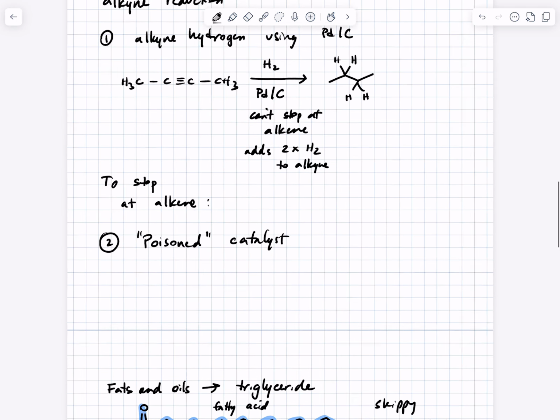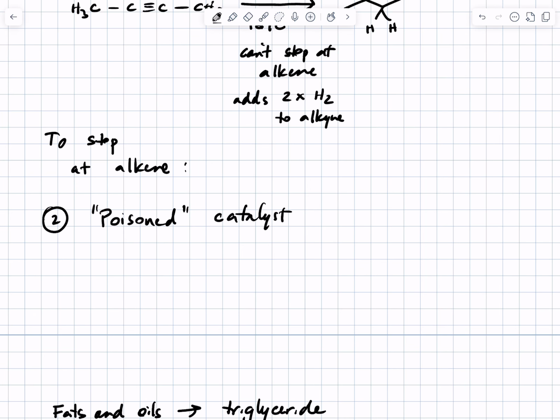And this represents a strategy chemists sometimes use where you're like, okay, the catalyst doesn't quite do what I want, so what if I add some things to it? What if I add some things that should slow down the reactivity of the catalyst? So there's a catalyst whose structure is not really important for us. It's palladium metal with some additives that slow down the reaction. It is called Lindlar's catalyst. Your text will actually say what some of the catalyst poisons are, and we don't care. We'll just remember Lindlar's catalyst.